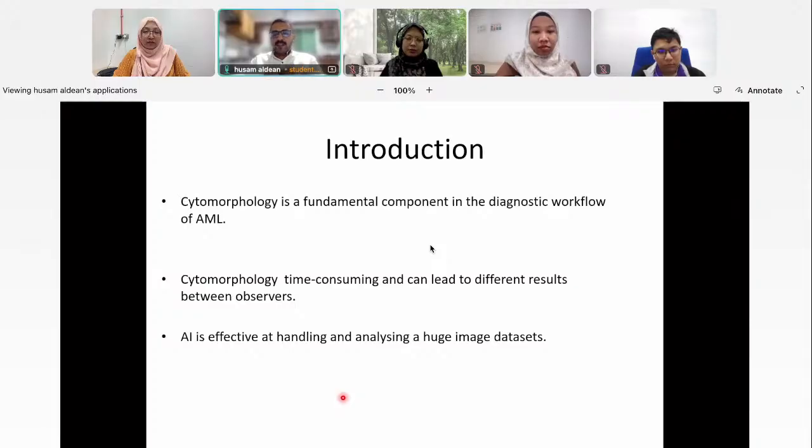So we need a faster and more accurate tool. An alternative tool is AI, artificial intelligence. It is effective at handling and analyzing huge image data sets to classify and detect AML.